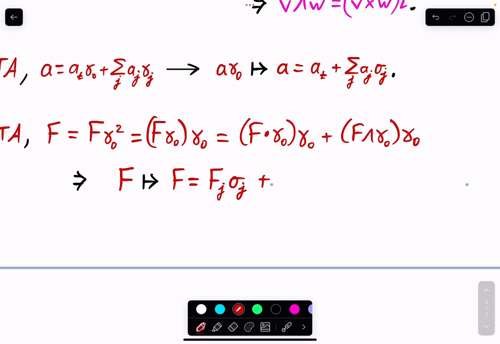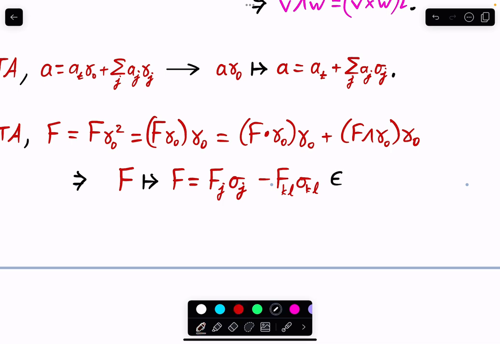So you end up with this right here with a minus f_kl sigma_kl. And this would be your space-time split for the bivector to a biparavector.